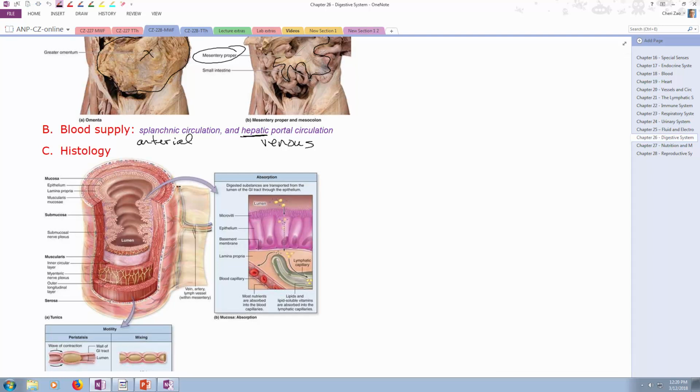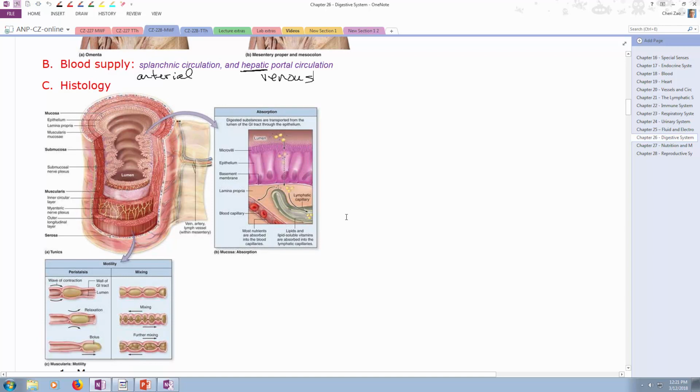Tylenol, so acetaminophen, and also ibuprofen or aspirin. All of these things are going to also be additionally processed in the liver so that their toxic effects can be minimized. So keep that in mind. Splanchnic, arterial, digestive tract, and hepatic, portal, venous, straight to the liver for processing from the digestive tract.